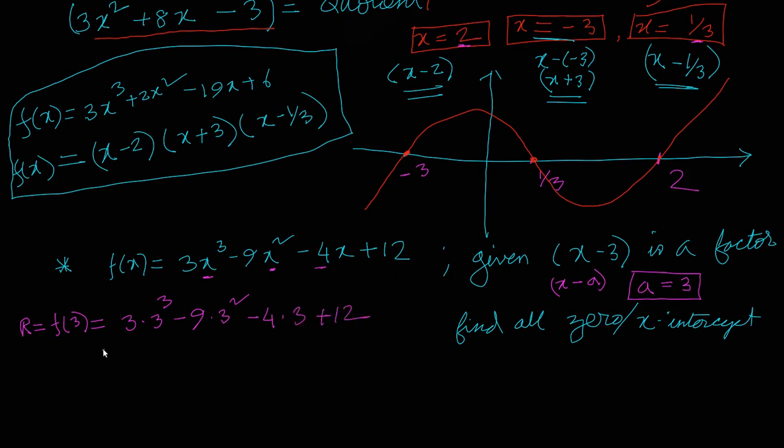If you punch in all the numbers, you find it is 0. So I found that the remainder r, which is the function of 3, equals 0. That means x minus 3 is a factor, which was already given, but in any case we proved it.